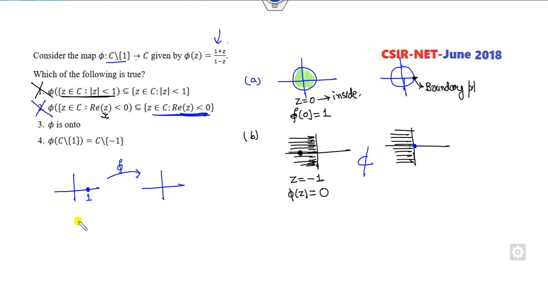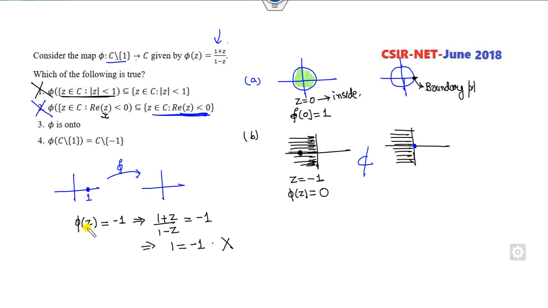Okay, very simple. You can see this value becomes 0 at -1. So what is happening here? 1 plus z over 1 minus z, can you get any of the values of z? If you multiply them, it will be 1 equal to -1, which is not possible. So what does it mean?